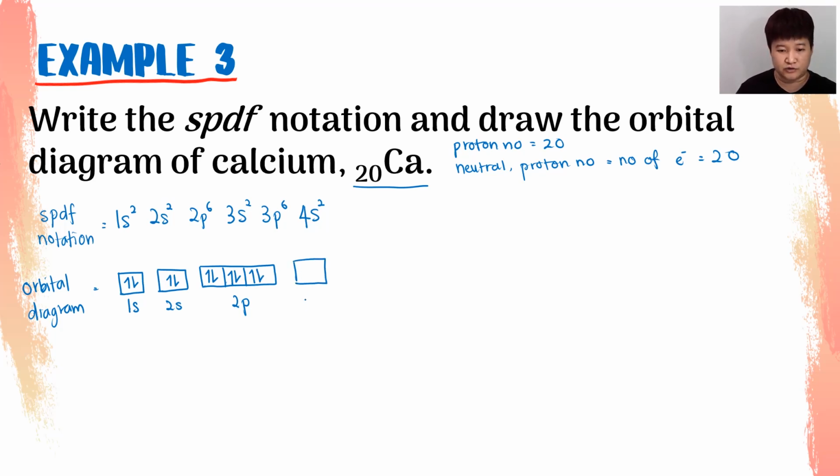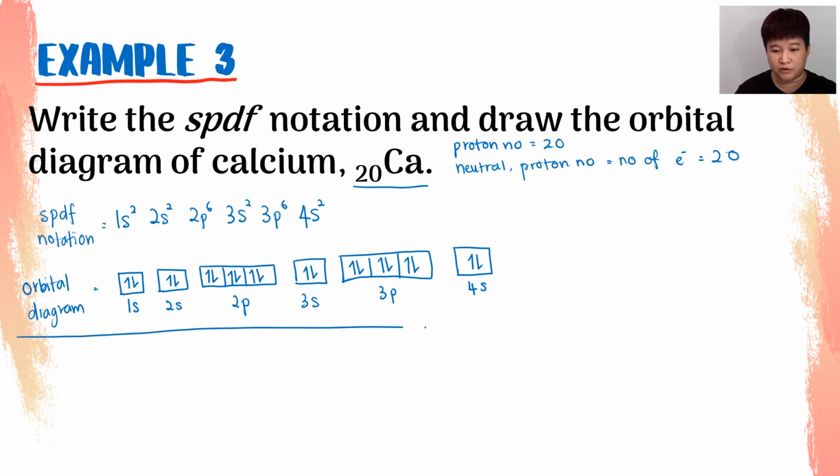And then you have your 3s, 1, 2. And then you have your 3p orbital with 6 electrons, 1, 2, 3, 4, 5, 6. Last but not least, you fill in your 4s with 2 electrons. So that is for calcium neutral.